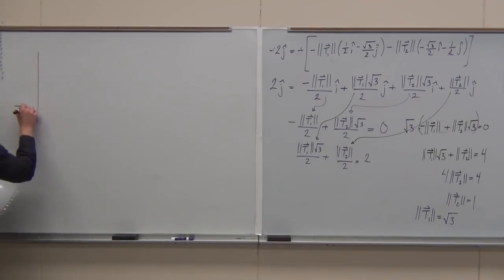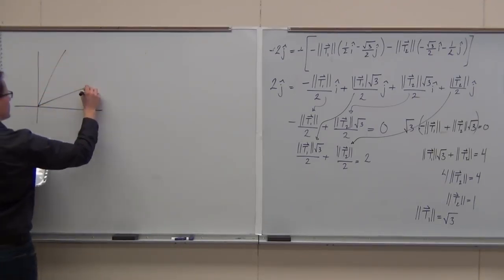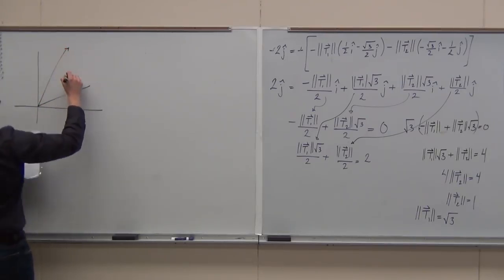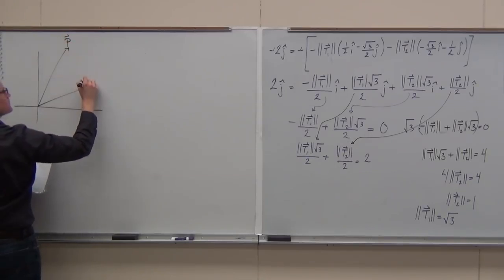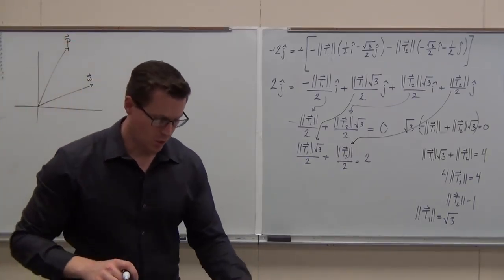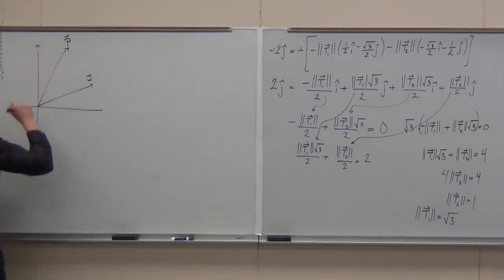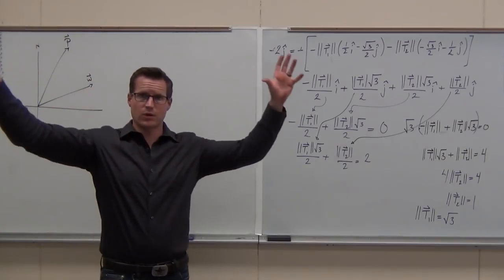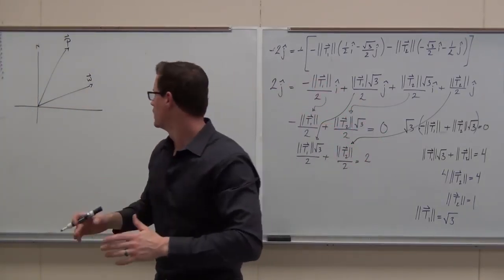If you're ever given a plane vector and a wind vector, normally this is not going to be to scale. Normally we measure angles in the real world from north, because our magnetic compass tells us north.